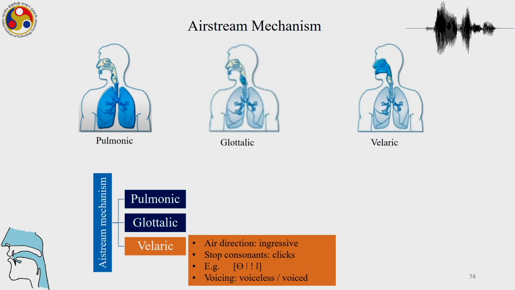So these are the three airstream mechanisms, and of which pulmonic is the most commonly used, and then there is glottalic and velaric.